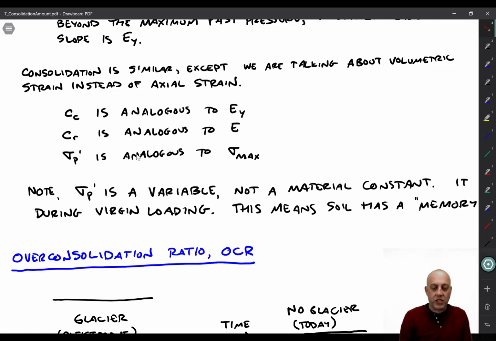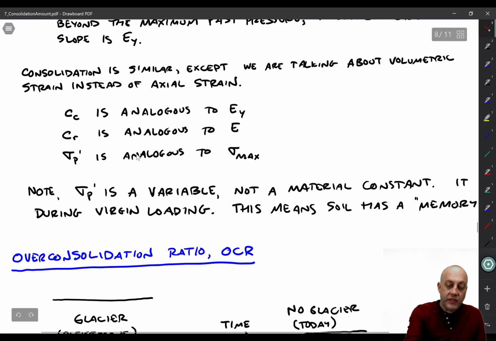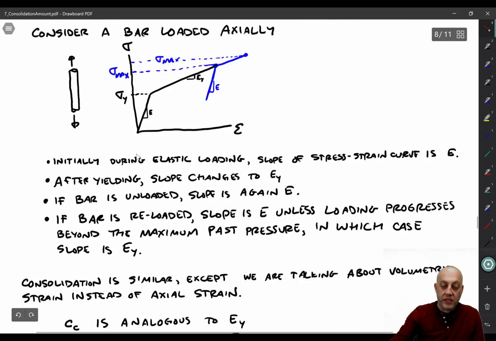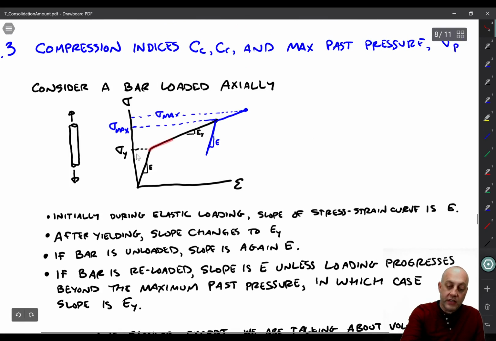We'll stick with one-dimensional consolidation here, so you can think of it as vertical stress. So when we do consolidation, C sub C, which is the virgin compression index, is analogous to E sub Y, the elastoplastic slope. Basically when the material is yielding, it has not a very big slope in terms of this change in stress with strain, right? It's accumulating a lot of strain per change in stress.